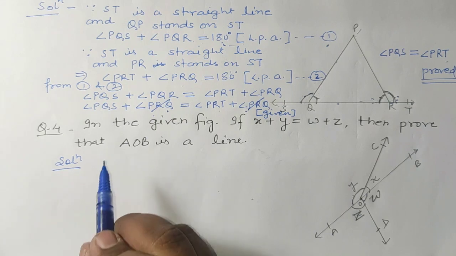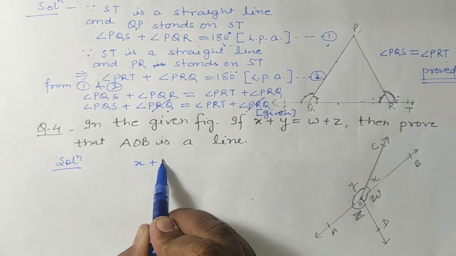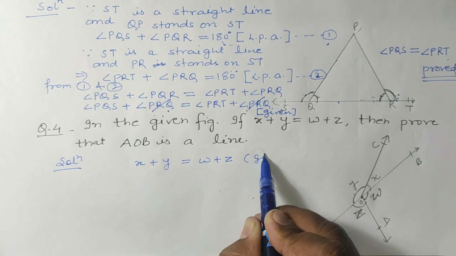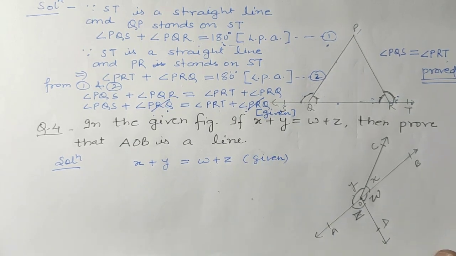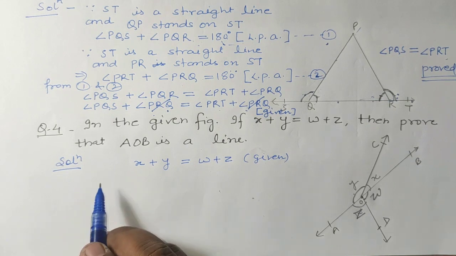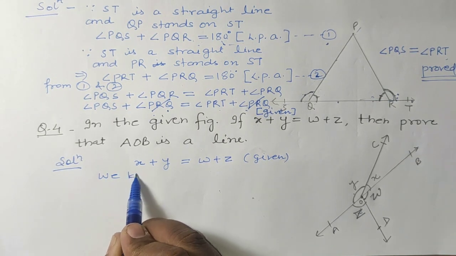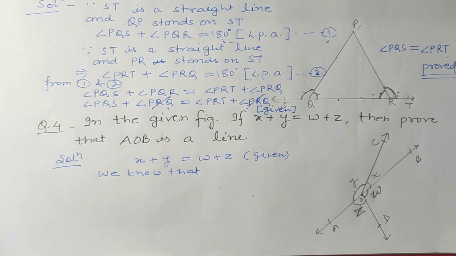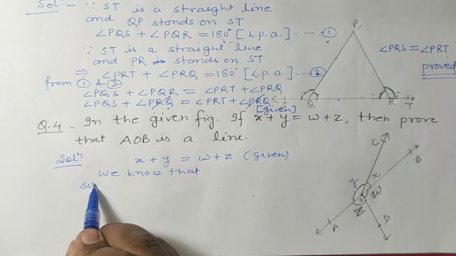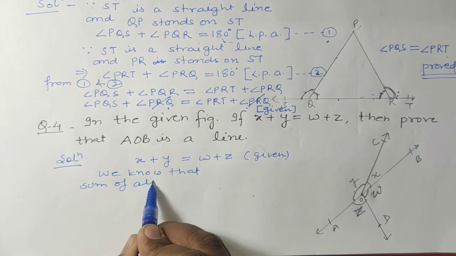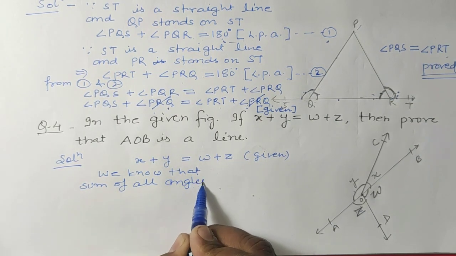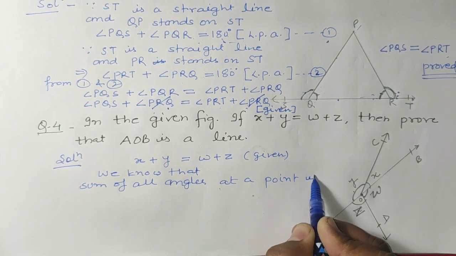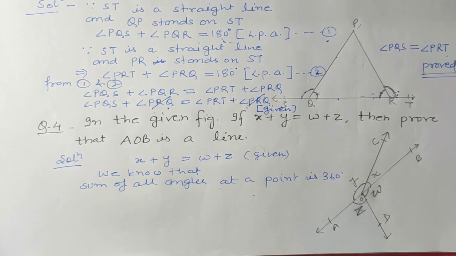So firstly, it is given that x plus y is equal to w plus z. It is given, and we know that the sum of all angles at a point is 360 degrees.